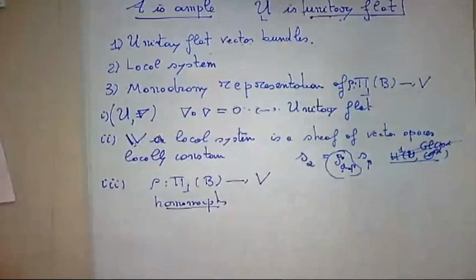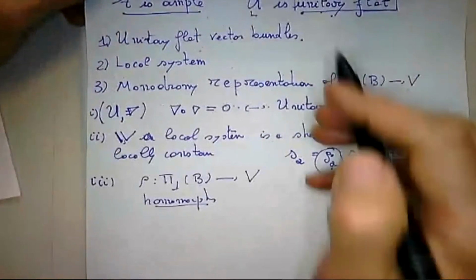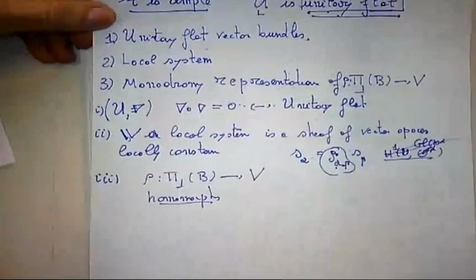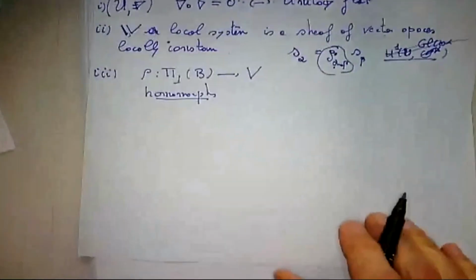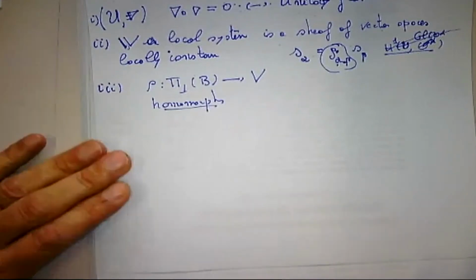Why do I recall this? Because you could say, okay, what do we care about? The point is that this unitary flat has another interpretation. This is the big theory behind, which I guess some of you could be interested in, which is the semiampleness condition.